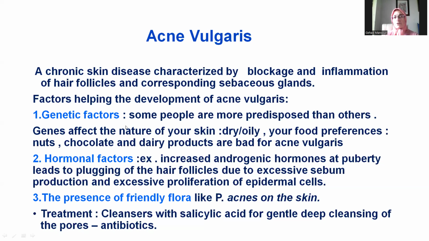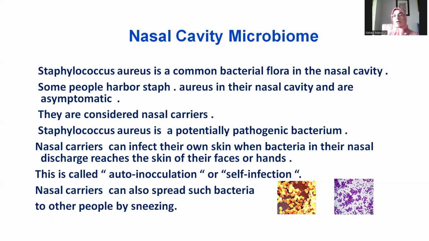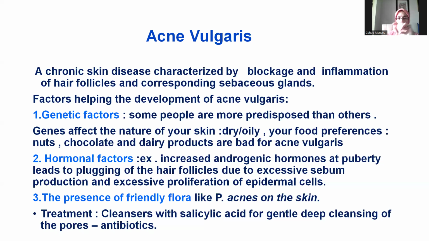It runs in families not only because of the genes, but because of another factor, which is the culture and the diet. Are there specific food types that help in this? Yes, there are specific food types that help the occurrence of acne vulgaris or even increase the severity of its symptoms.